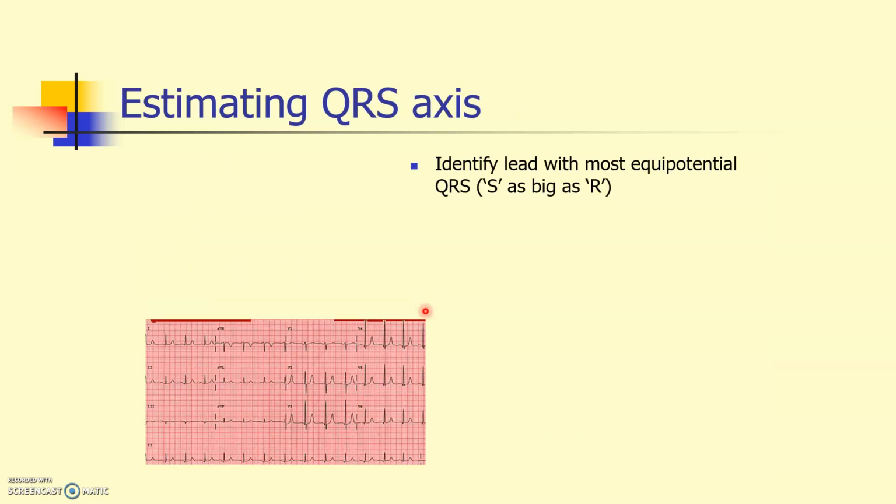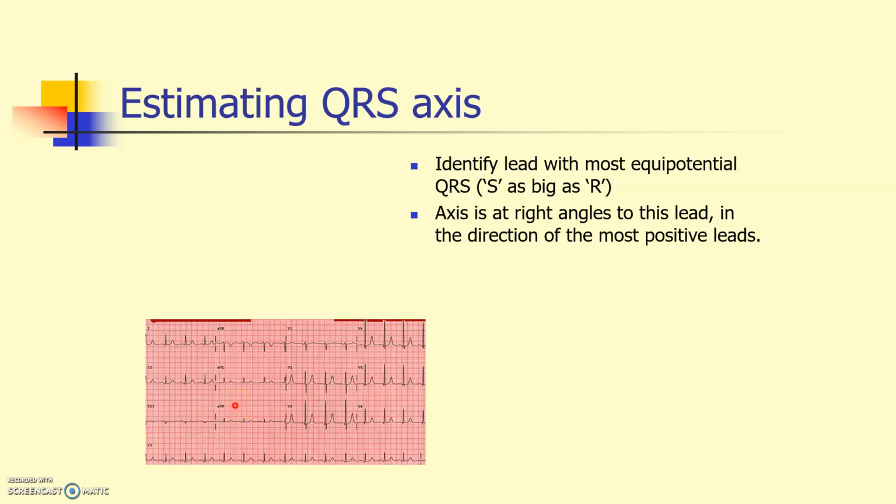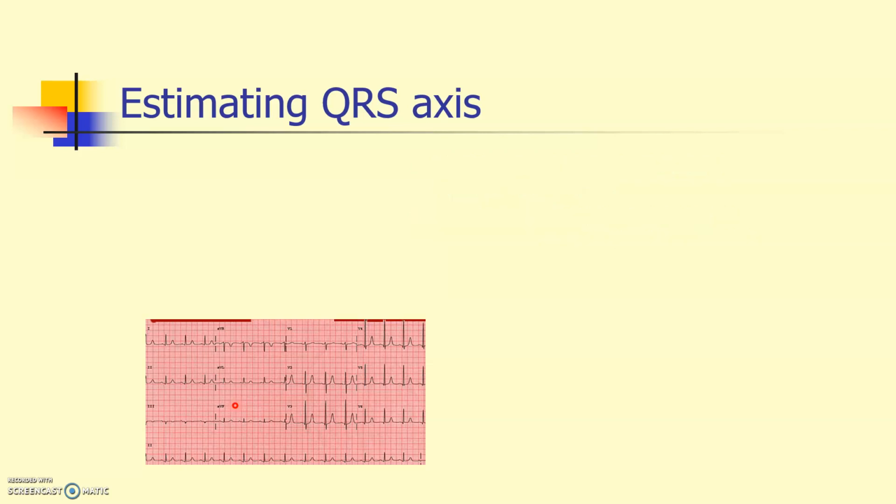So how do we actually estimate the QRS axis? First thing you do is identify the lead with equipotential QRS complexes. In this example, that would be lead 3. Then look for the axis at right angles to this lead. So let's go back.